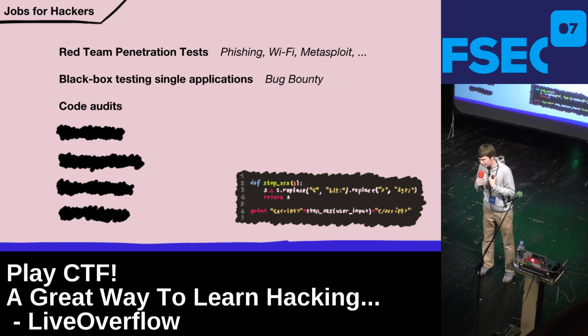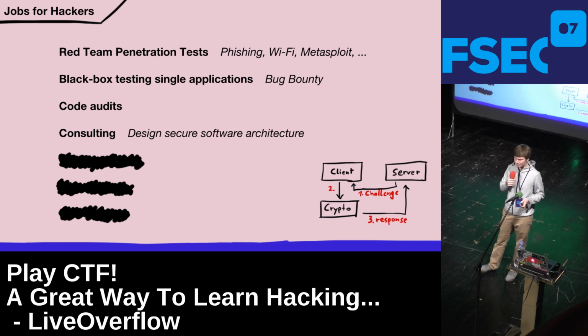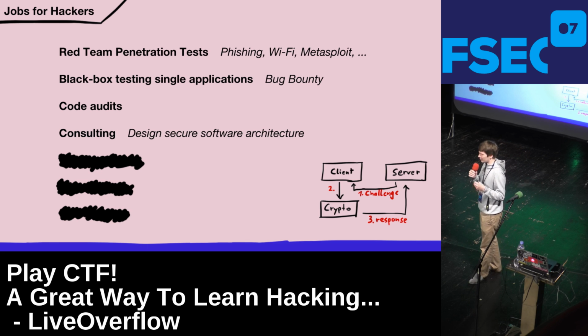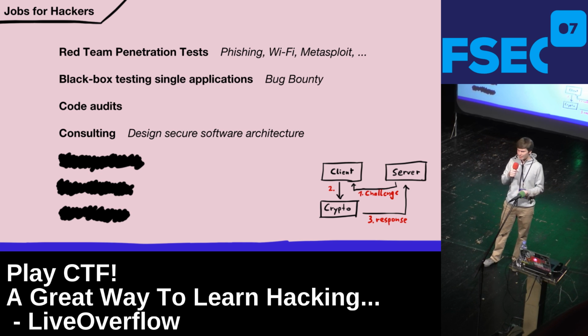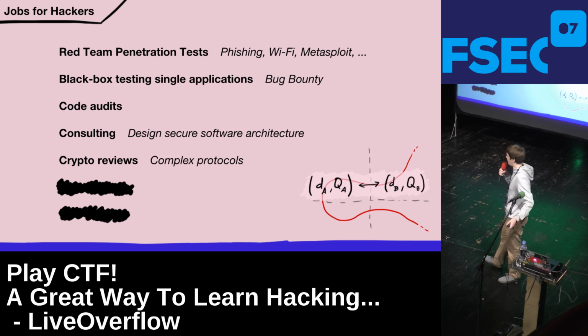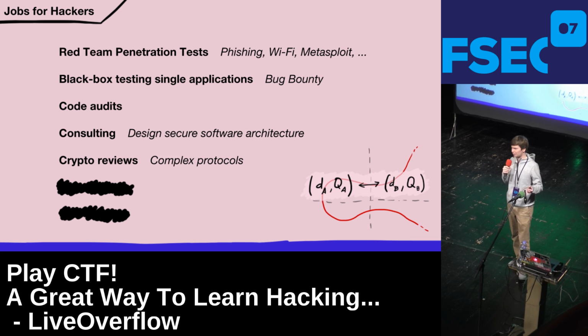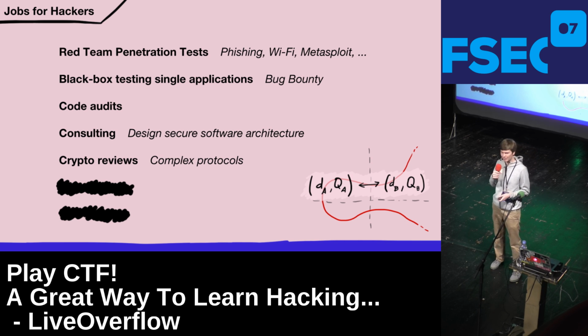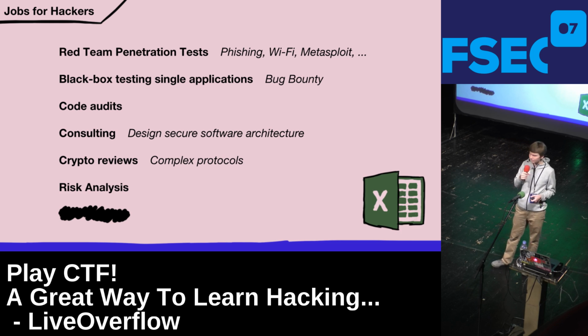That's kind of what I'm doing a lot, so just reading a lot of code. There's also a possibility for just doing consulting in general, where you help companies design secure software before it even gets implemented. And you can also be mathematical and do crypto reviews and build those complex protocols that are running on our secure messenger applications.